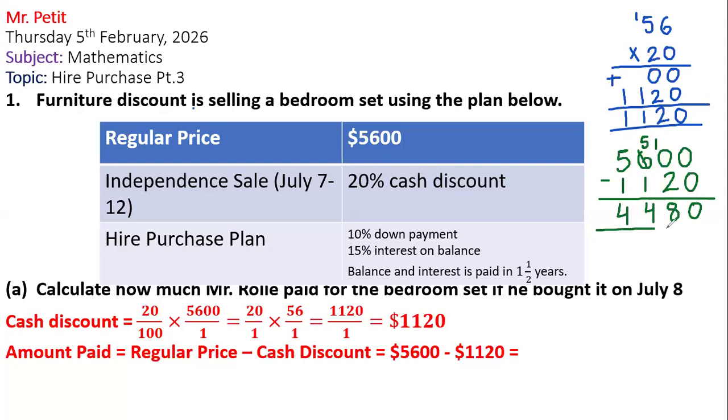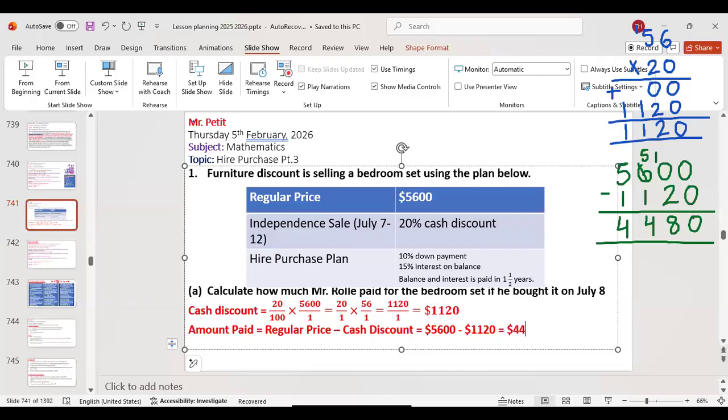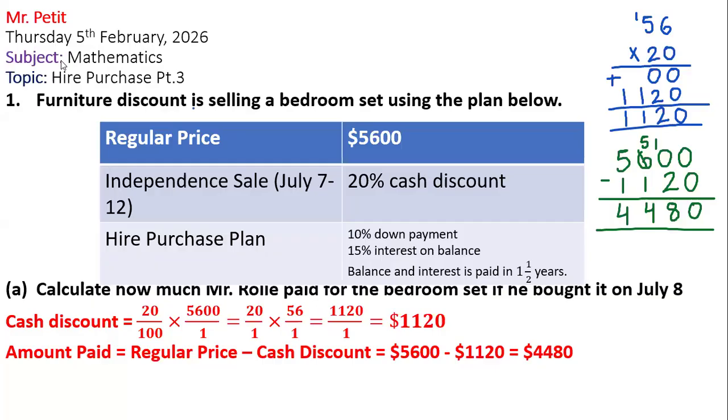So what is the amount that he had to pay for the bedroom set if he bought on July 8th? What is the amount that he paid? 4,480. Very good.